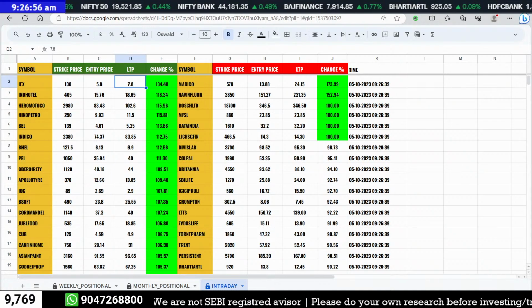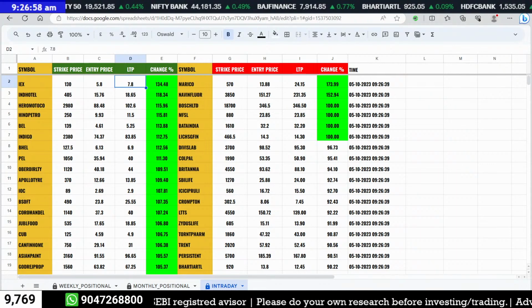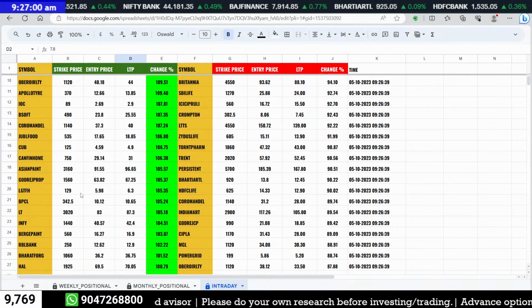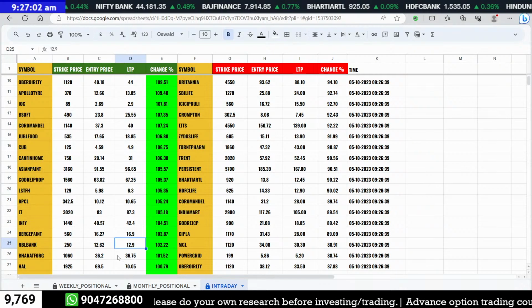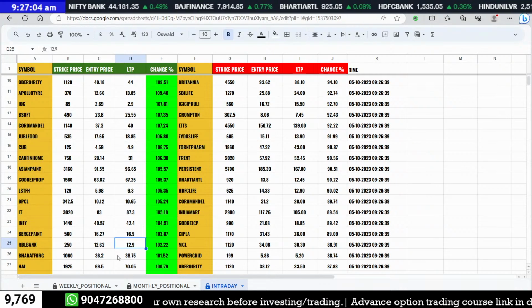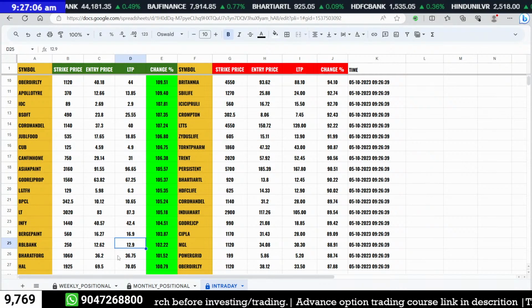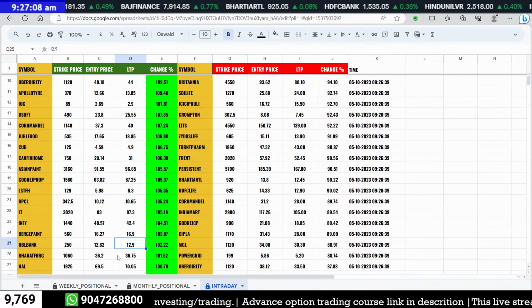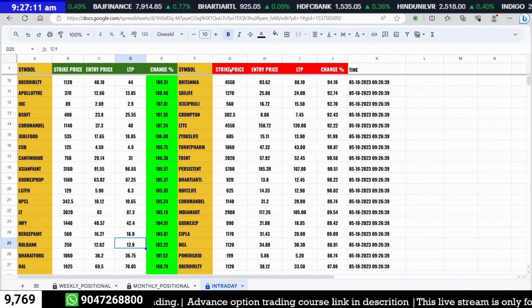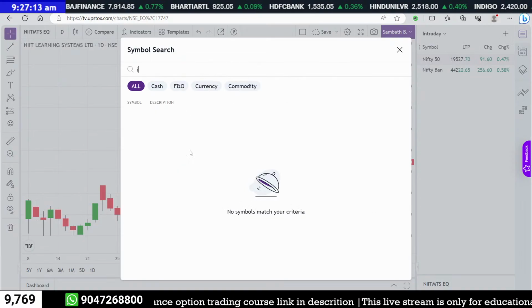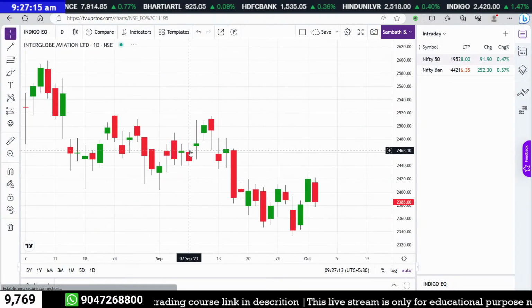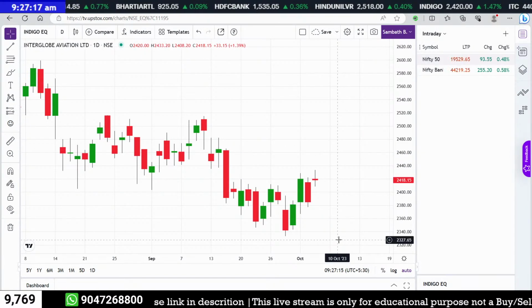IEX is very fast right now. And what happened to RBL Bank? It has moved down, it's 12.9. So 12.6 is our expected breakout. What happened to Indigo? A doji candle.